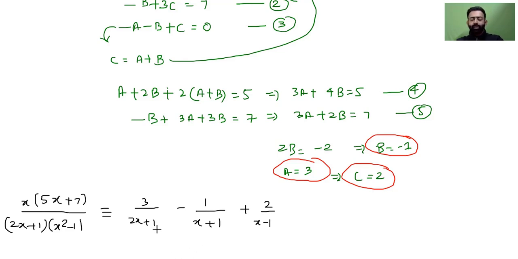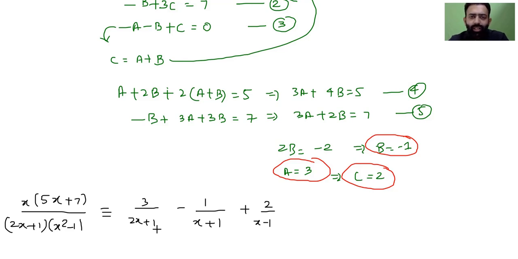So that's how you have converted this complex algebraic fraction into a sum of 3 simple partial fractions. Okay, so just go through this video again by pausing and go through the process, what all the steps are involved in this long question.